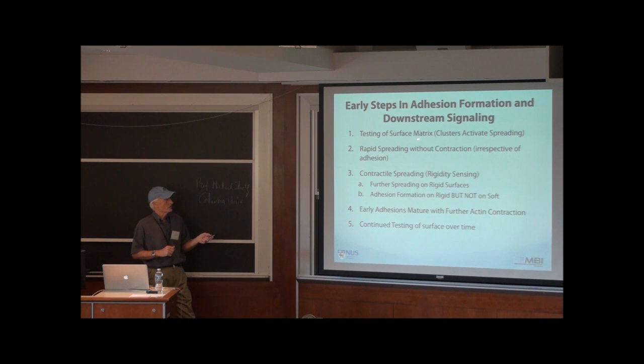That will be testing the surface matrix, and I'll emphasize clustering there. There'll be rapid spreading without contraction, at least in this isotropic spreading case. Contractile spreading, this process that I talked about of the periodic contractions, which tests the rigidity of the surface. Then adhesions mature with further actin contraction, and you have continued testing of the surface over time, i.e.